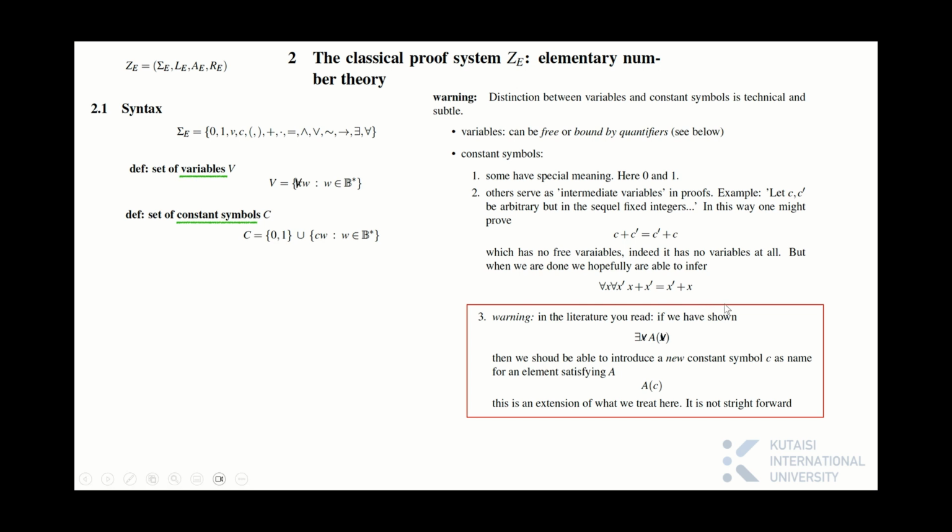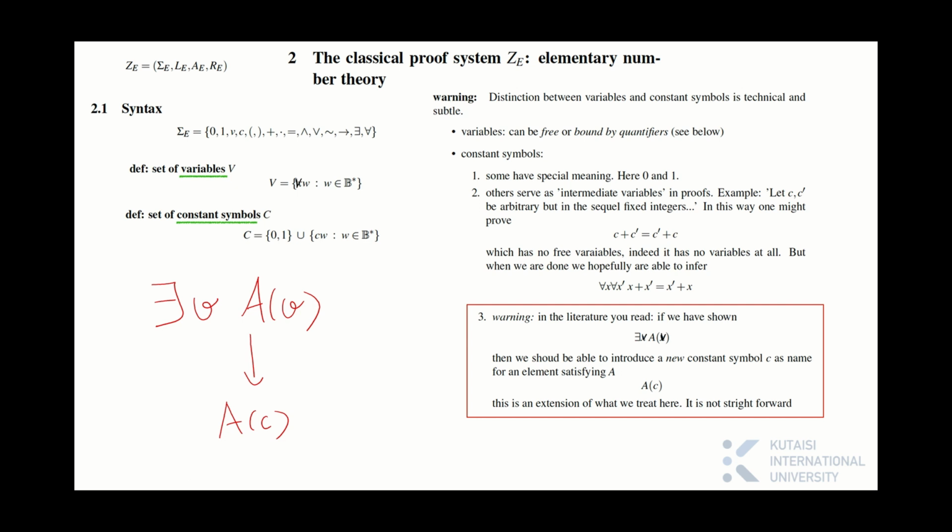Or, for example, if you prove something like this, there exists V such that A(V) holds, where A is some expression, and A(V) is when you plug V into this expression. This actually means that A(C) holds for some constant C. I throw at you some examples so that you understand the difference between variables and constants.